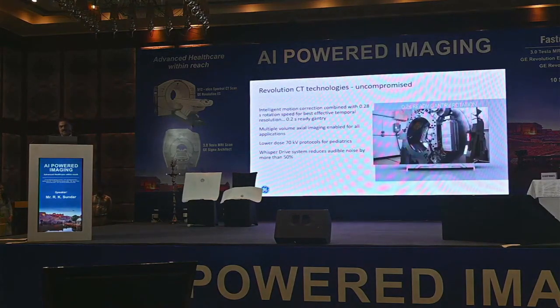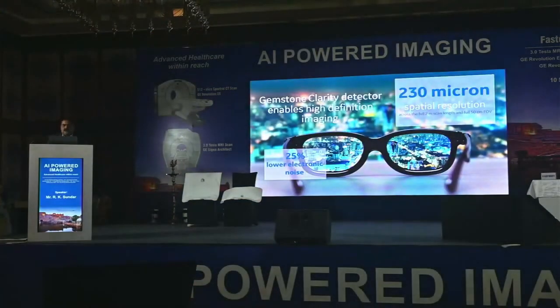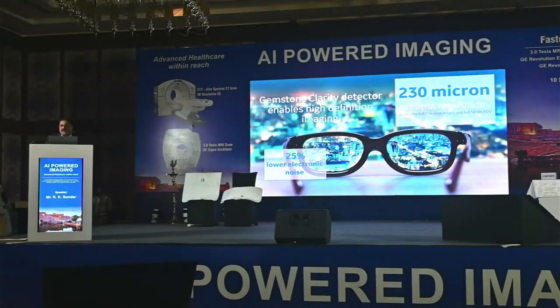One of the most important clinical application is in cardiac imaging using gemstone CT. In cardiac imaging, what you need is high resolution, very high resolution, so that you can see small lesions in coronary vessels, which are typically 2 to 3 millimeter, and the lesions are much smaller.